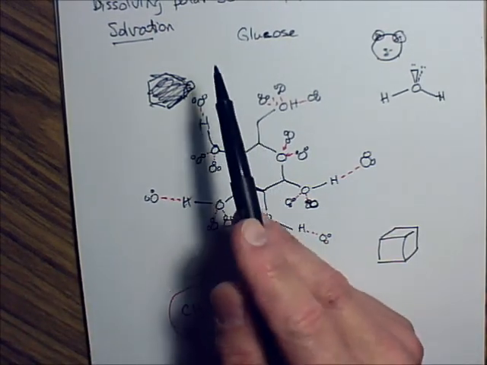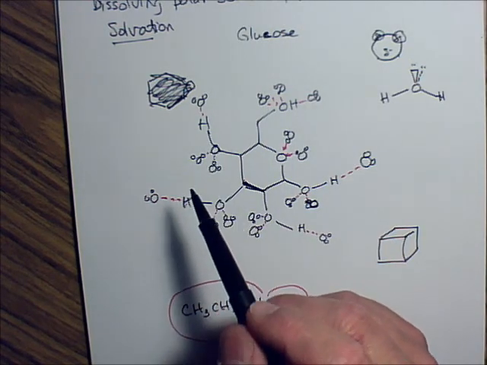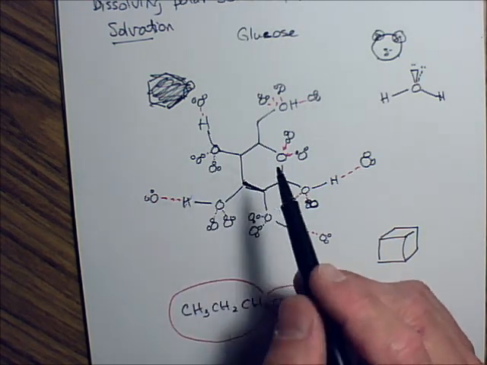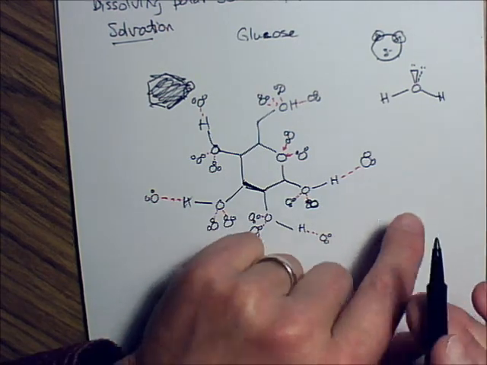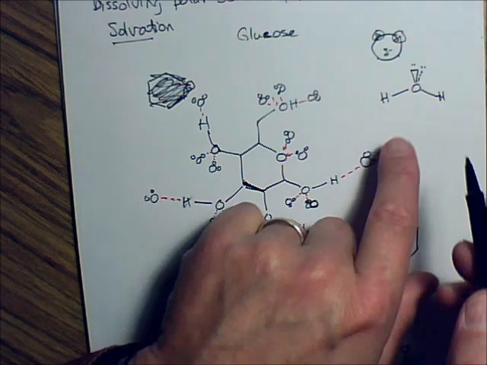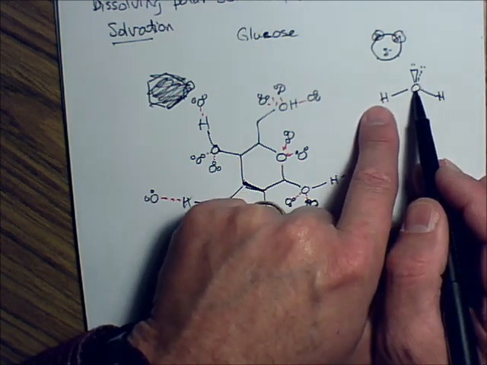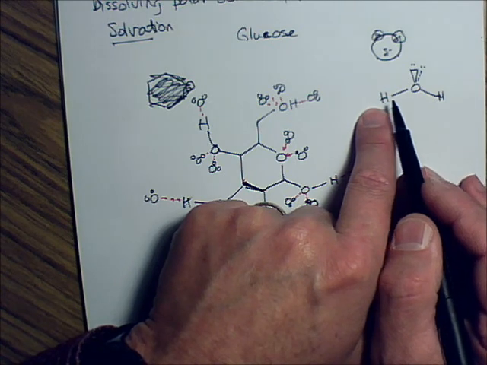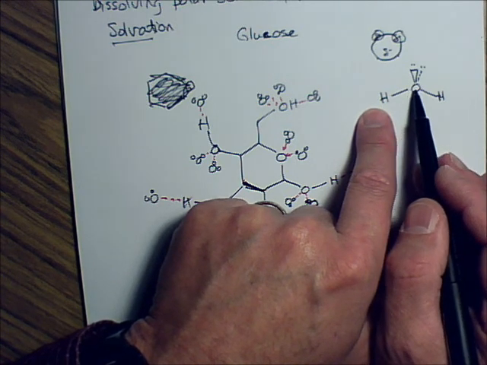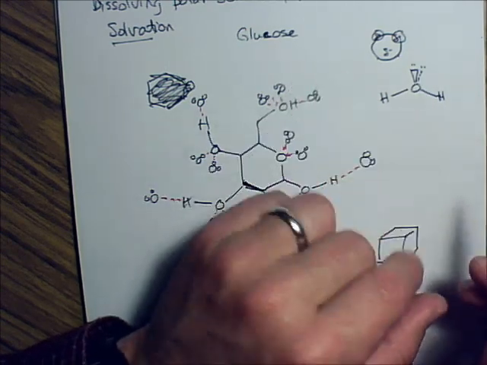Dissolving polar solutes by polar solvents is the result of these permanent dipoles and the attraction between them. Okay? Because of the arrangement of water, where this is more electronegative than this, there are going to be places for hydrogen bonding or just polar attractions to occur.